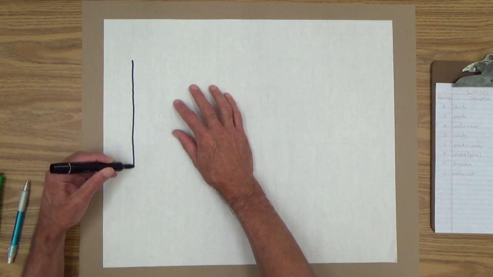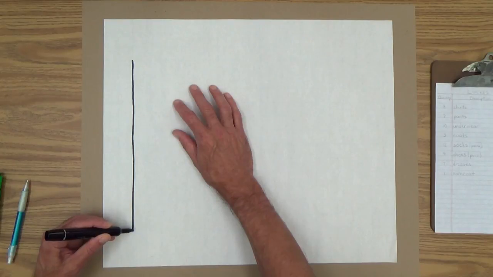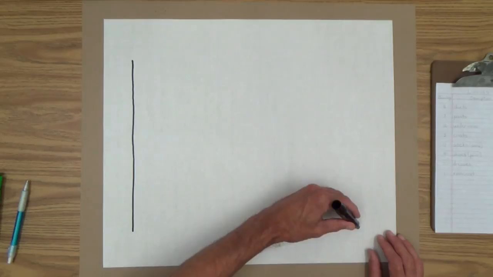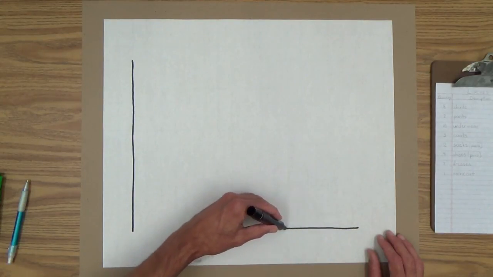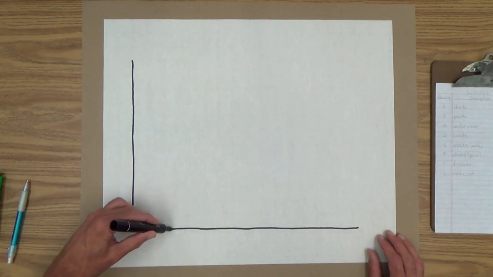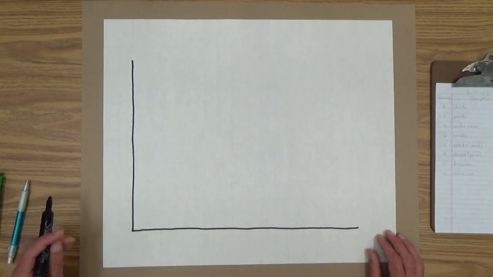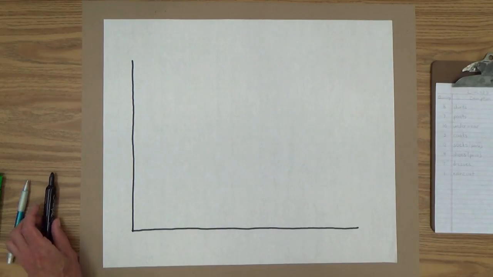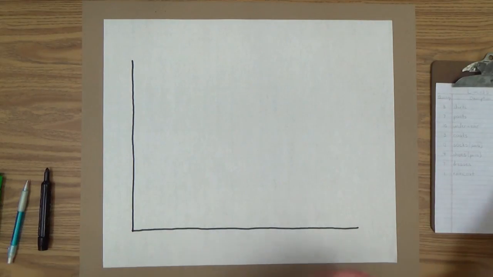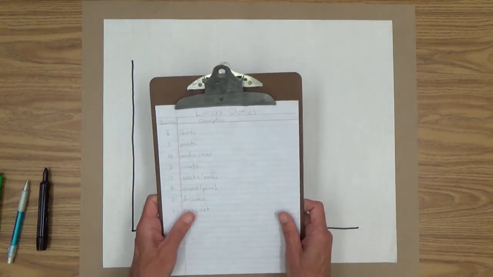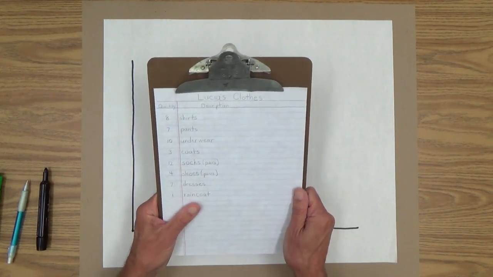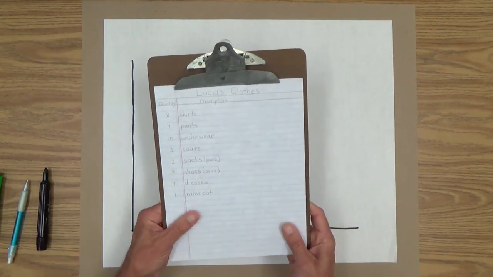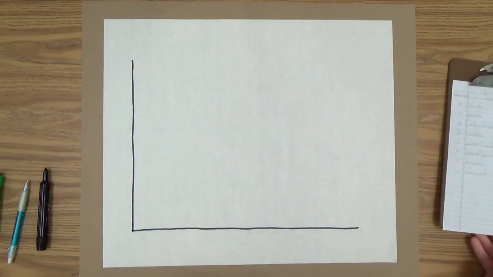We're going to take a line straight down there, and then we're going to come over here and do this horizontal line. So these will be the coordinate lines that we'll be working with as we take the information from our list, our table, our notes, whatever you'd like to call them, and transfer them to a very visual graph.